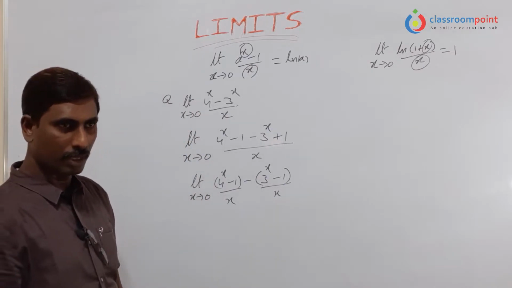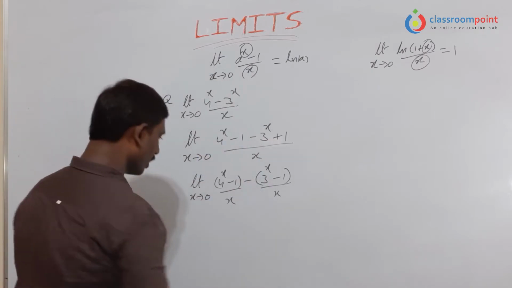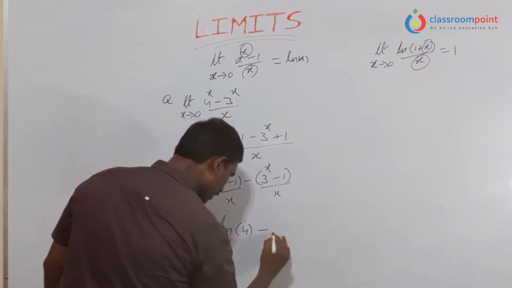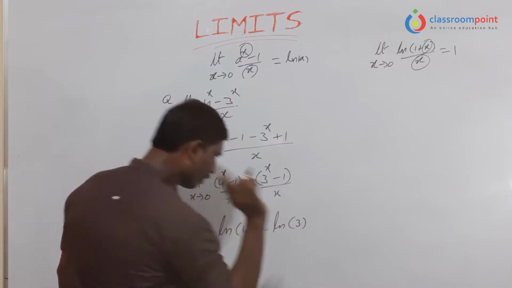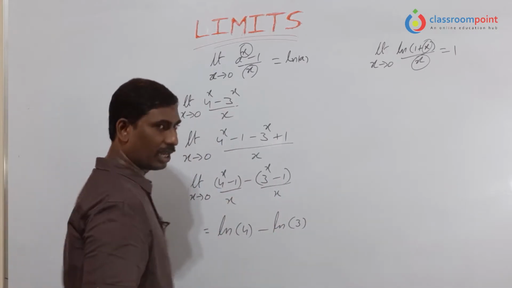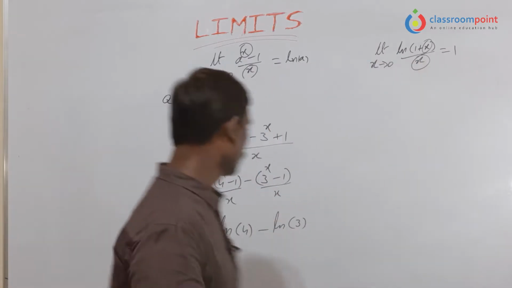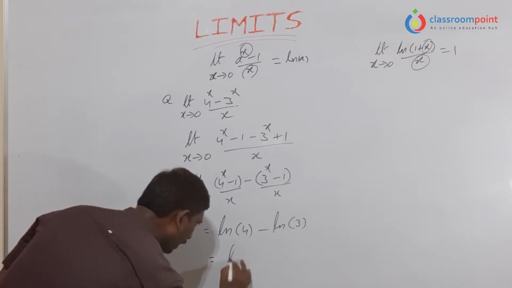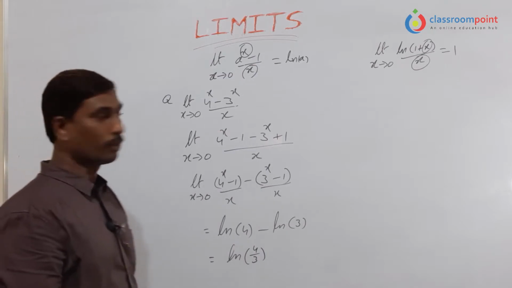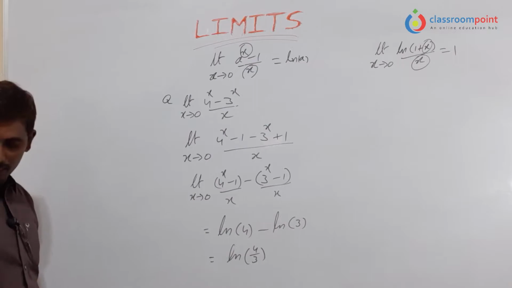Now compare this one and this one. Then this is ln of 4 minus ln of 3. So this can be written using log m minus log n, the formula log m by n. So this can also be written as ln of 4 by 3. This is one of the examples for limit x tends to 0.